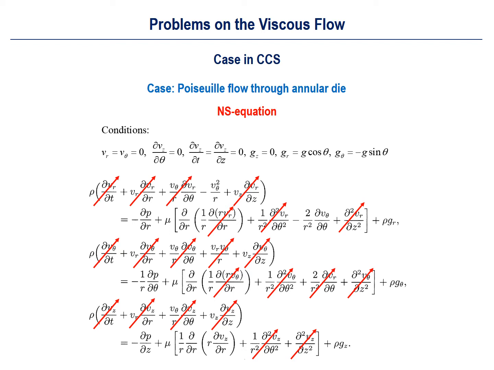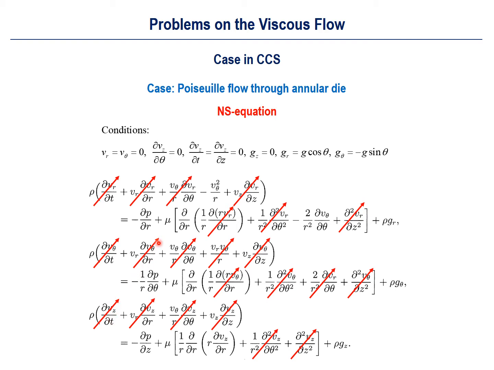Next, it is the moment to cancel out as many terms as possible, based on the important assumptions and conditions introduced in the previous slide, to simplify the Navier-Stokes equation in CCS. First of all, we will cancel out all the time-dependent terms here, right? Because we are dealing with steady state conditions.